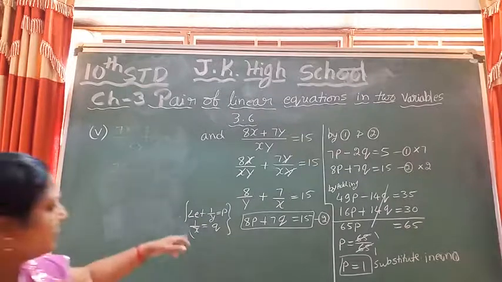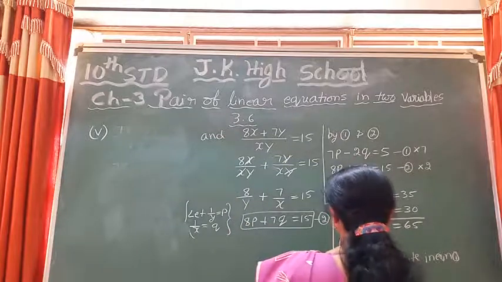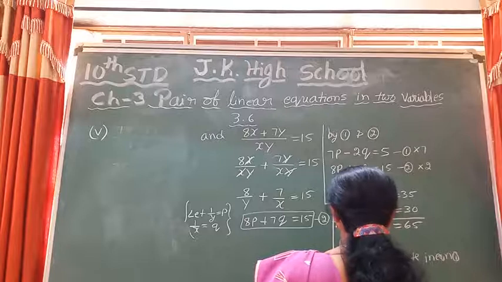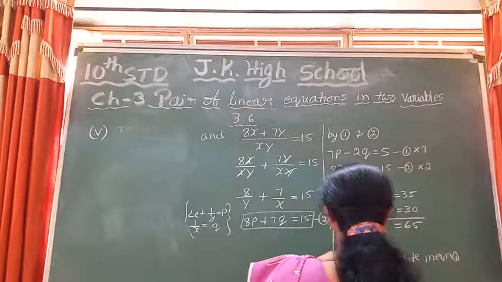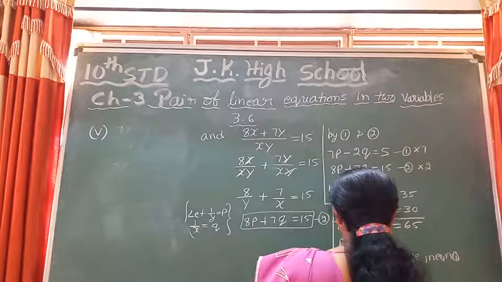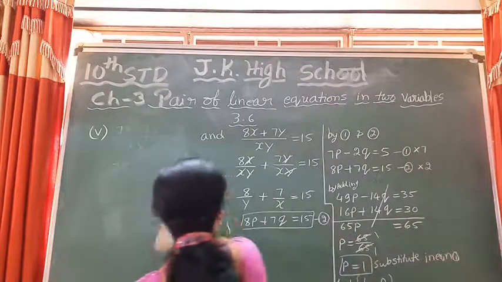Let what we have taken here, I am going to write it here: let 1 by y be equal to p. So p is equal to 1, we got p is equal to 1. And 1 by x is equal to q we have taken, that I am writing here. Then I am going to continue.